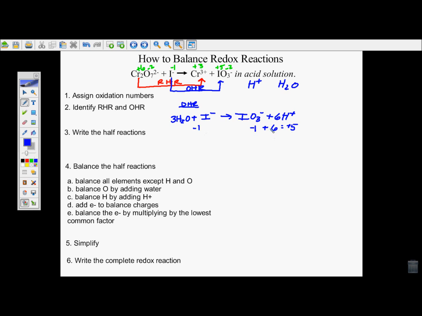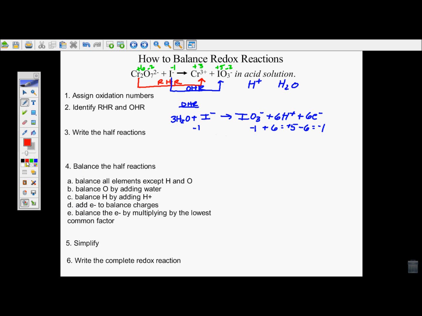So we've got -1 here, +5 here. So that means we need to add 6 electrons to this side, because now we've got 5 minus 6, because electrons are negative, to give us -1, and those are now balanced. So we add 6 electrons. Okay. So once again, 4E is going to have to wait until we have our reduction half reaction.